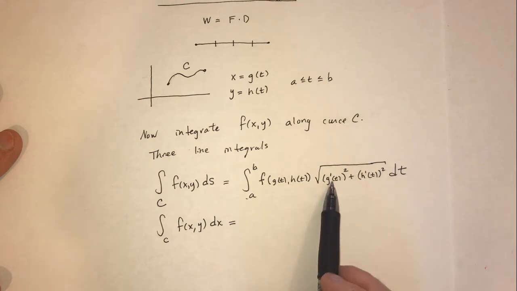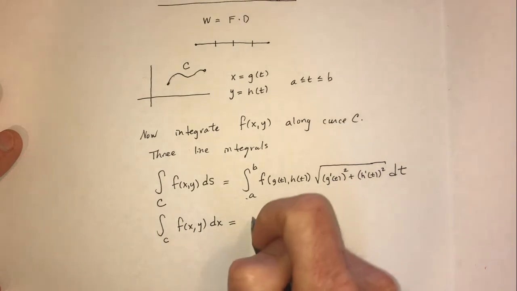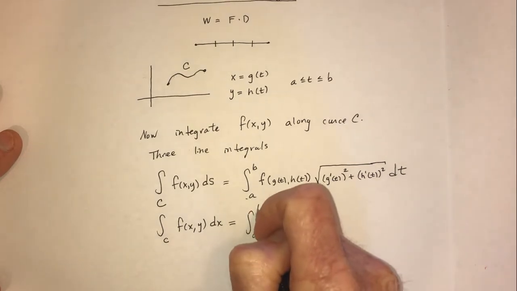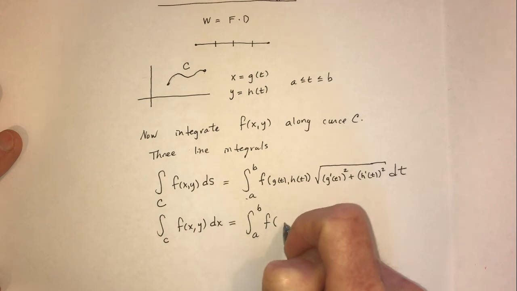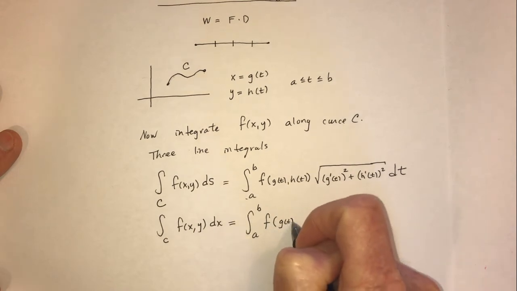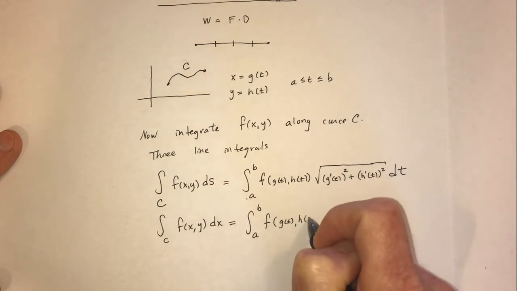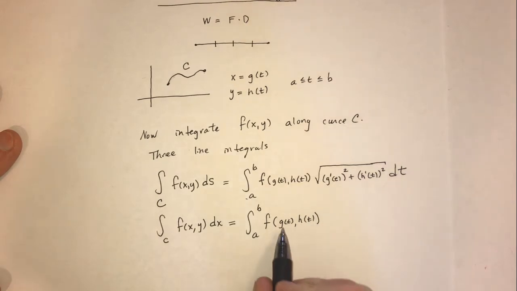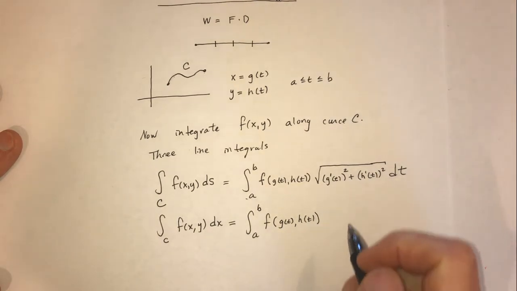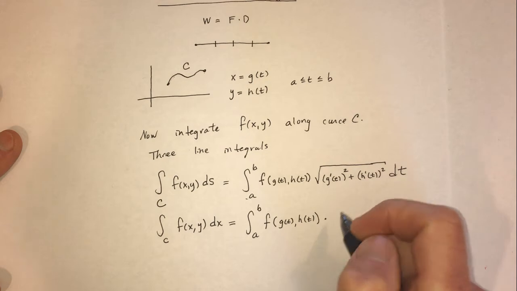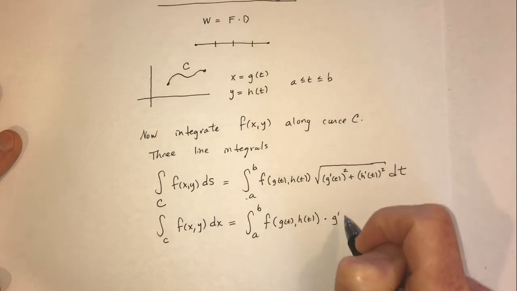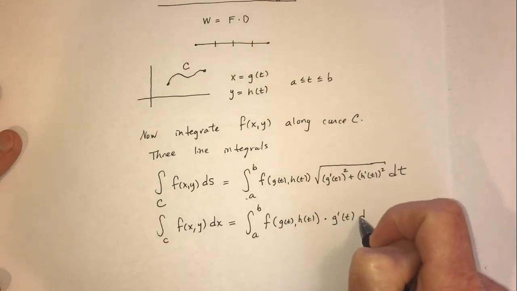And so once this is gone, the square root and the square are going to cancel each other out. So it's going to be the integral from a to b, then change it over to a function of t. So you do need to use both parts and replace the x and the y, so it's a function of t. And then this part is just going to become times the g prime, and then dt.